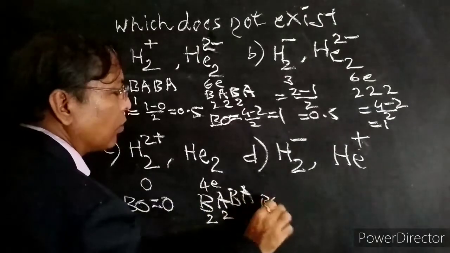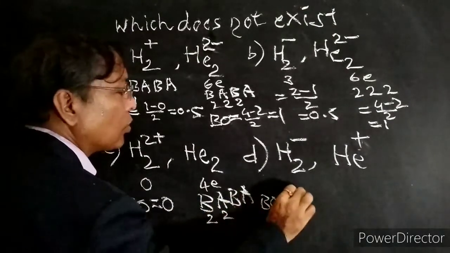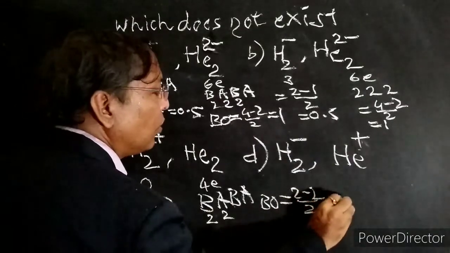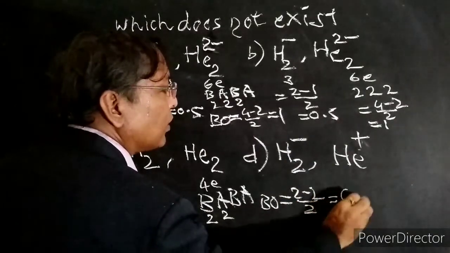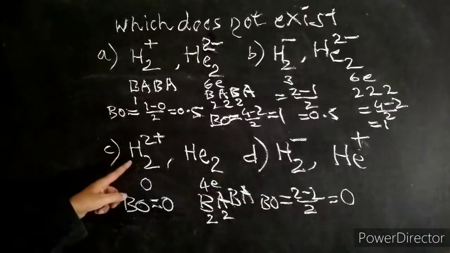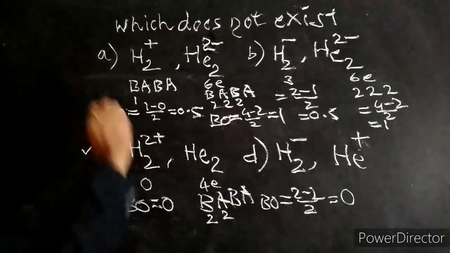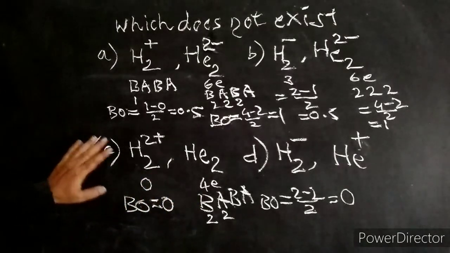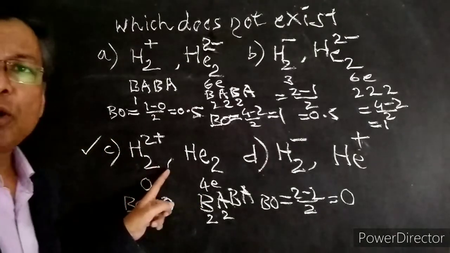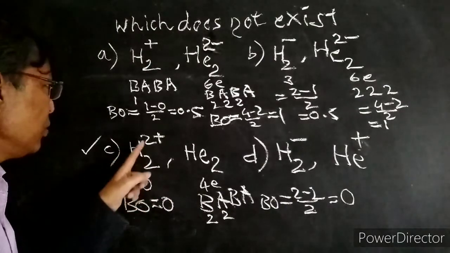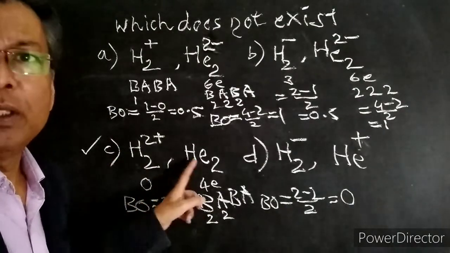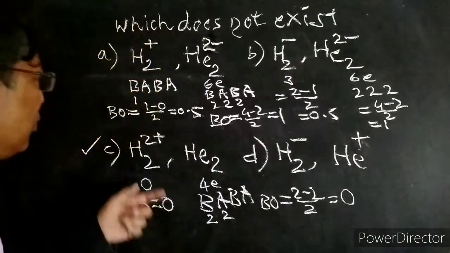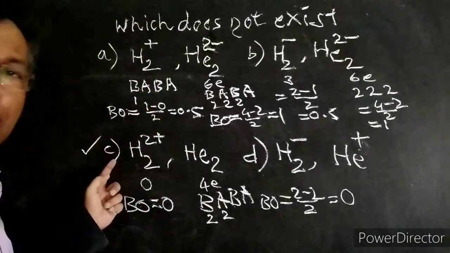Therefore bond order equals number of bonding electrons 2 minus anti-bonding electrons 2, divided by 2, 2 minus 2 is 0, 0 upon 2, that is equal to 0. Therefore option C has bond order 0 and 0. Therefore these option C molecules do not exist. H2 2 plus and He2, these two molecules do not exist. Therefore the answer is C.